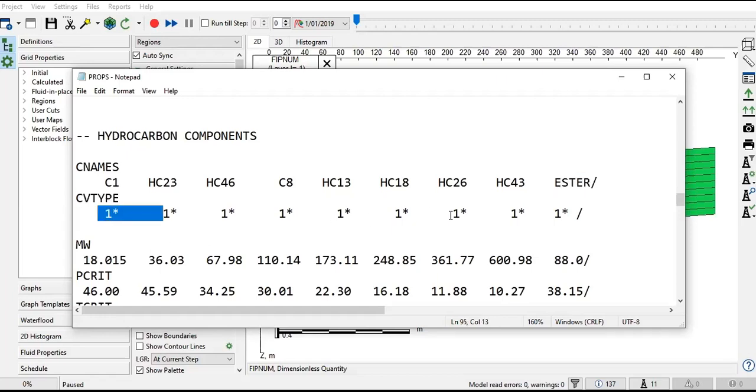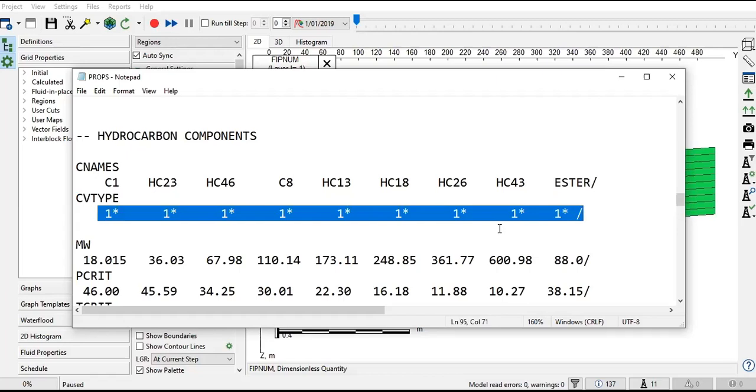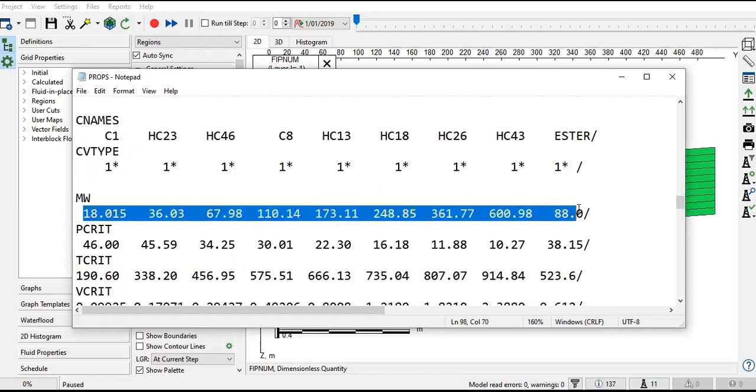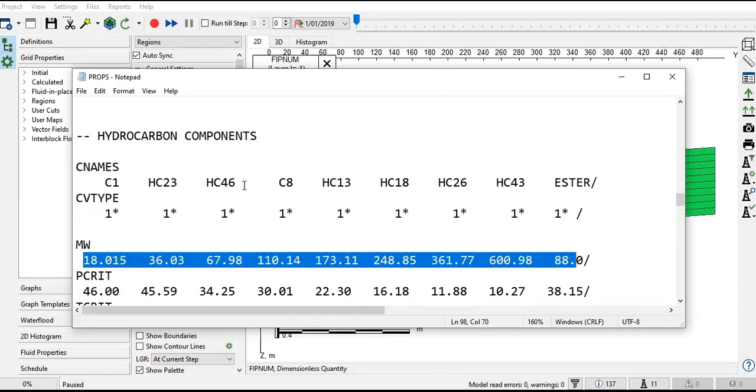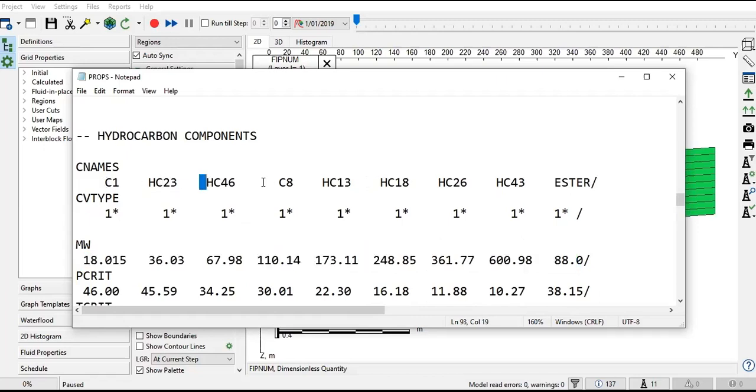This is the type. If you want to go into the detail, you can open the tNavigator manual, of course. This is the molecular weight for each of the 9 components. 1, 2, 3, 4, 5, 6, 7, 8, 9, right?